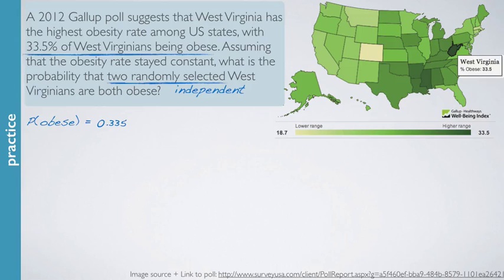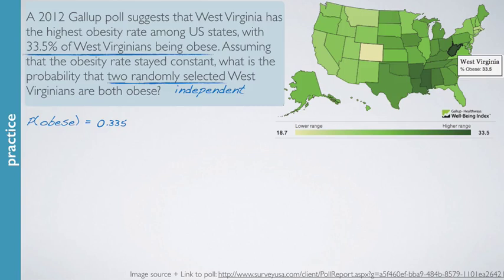For example, if we pick 2 people from the same household and one is obese, the other one might be more likely to be obese as well, given that people who live in the same household are more likely to have shared eating and exercising habits. However, since we're randomly selecting these individuals, we can say that they're independent.